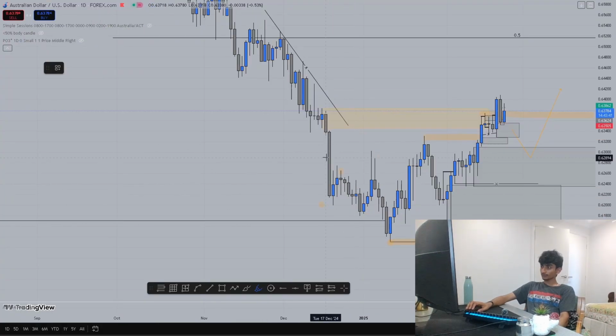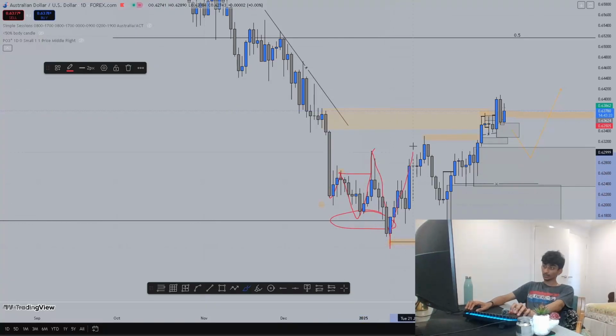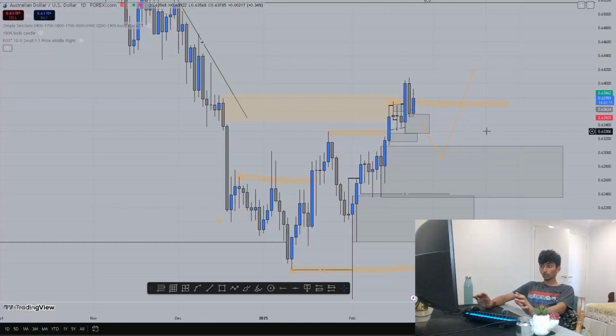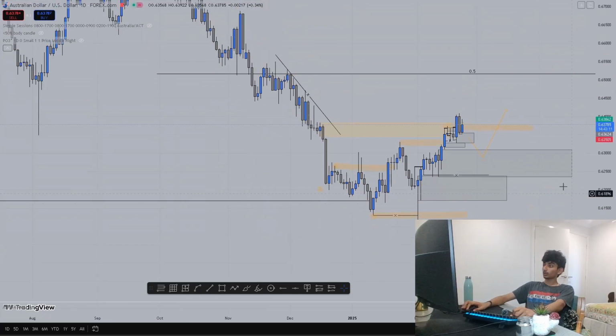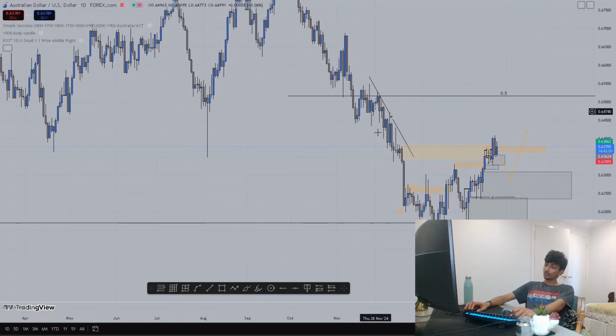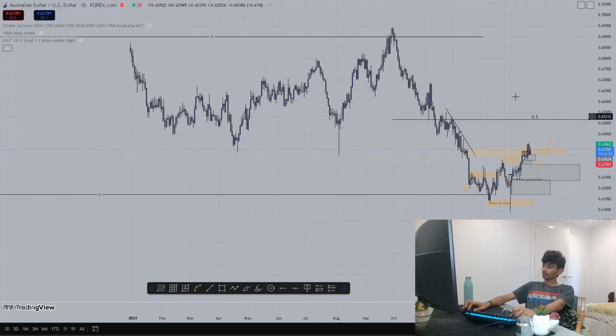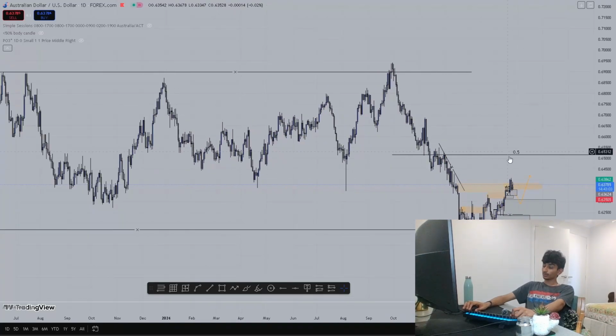On the daily time frame, we see this push down, push up, push down, push up, breaking structure. A push down, this is where we grab liquidity, and then another push up, breaking market structure again. That's what told us there is a market structure shift, and we're now looking for upsides. What are we targeting? Probably this liquidity low, the trend line over here, and the 0.5 zone here.